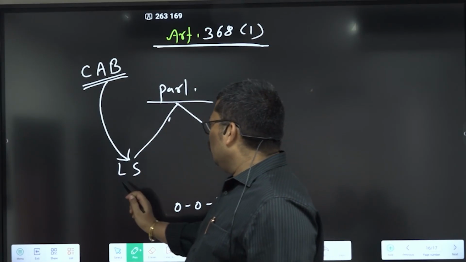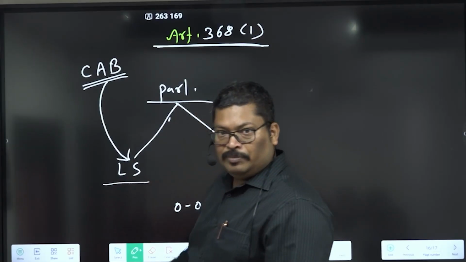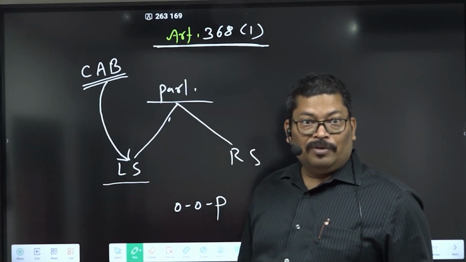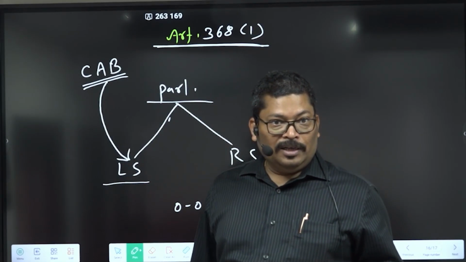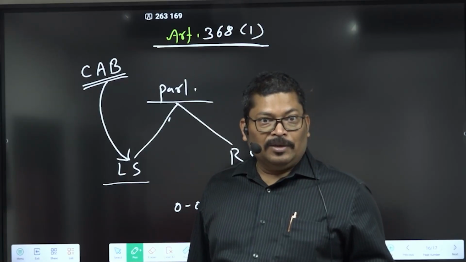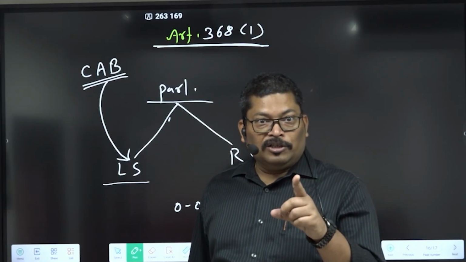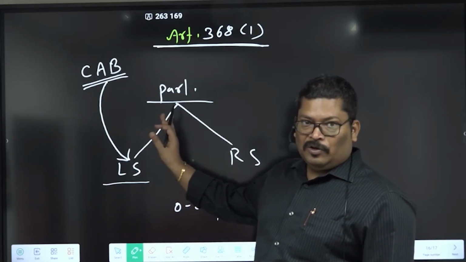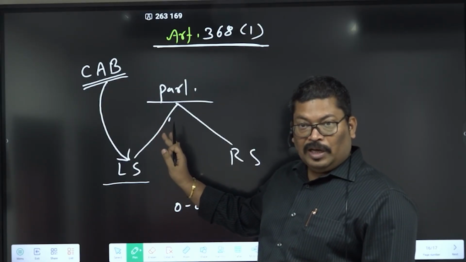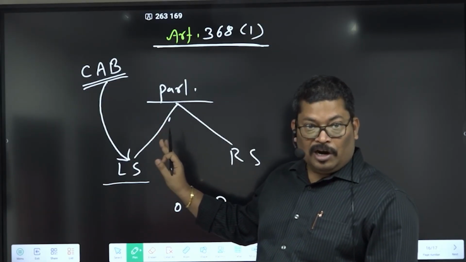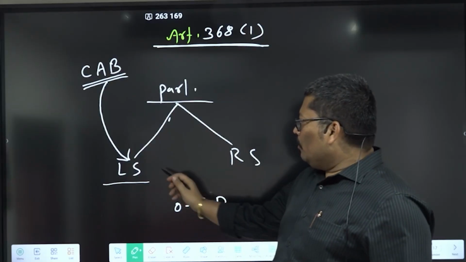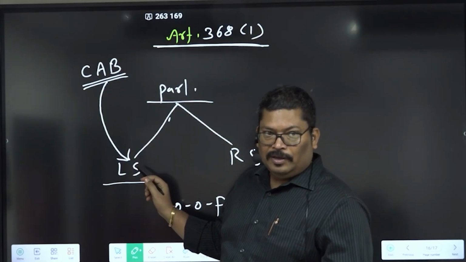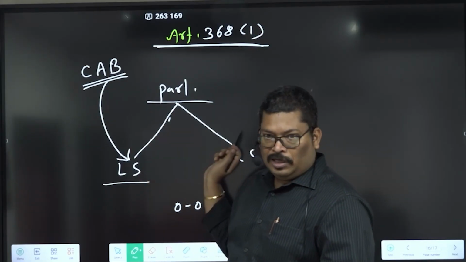Remember, the Lok Sabha shall be passing this bill with the help of a special majority that we have discussed within the purview of Article 368. If Lok Sabha passes it, then it will be transmitted to the Rajya Sabha.